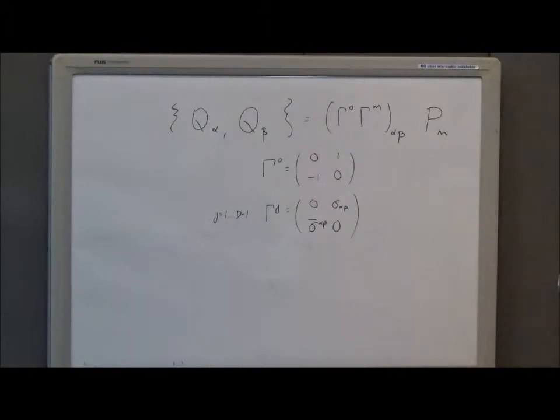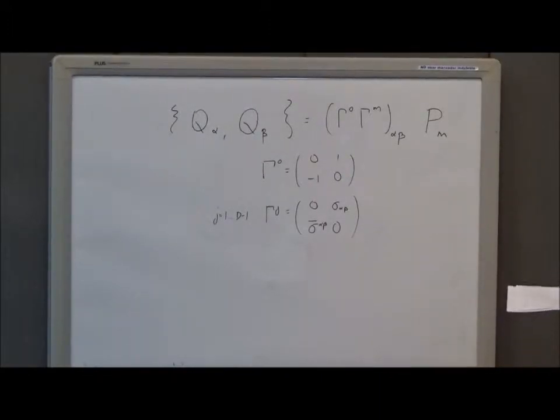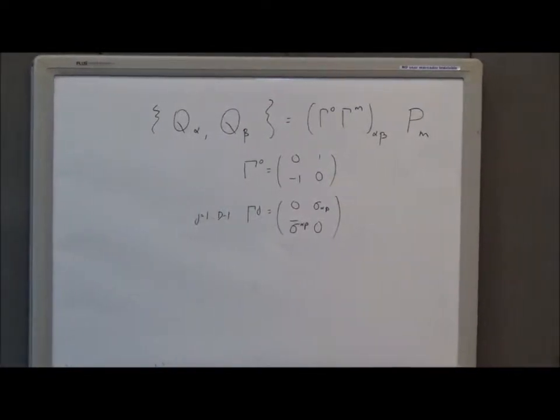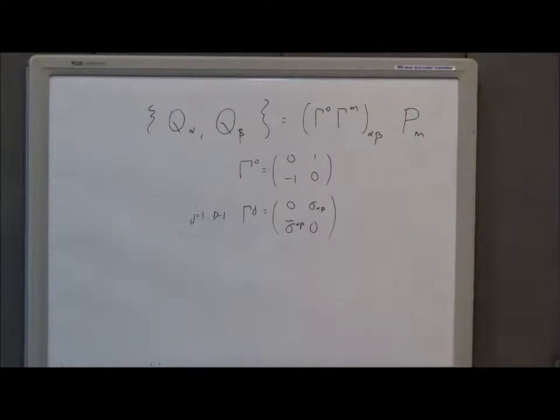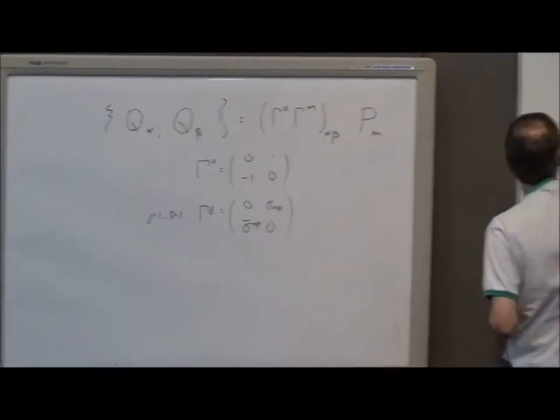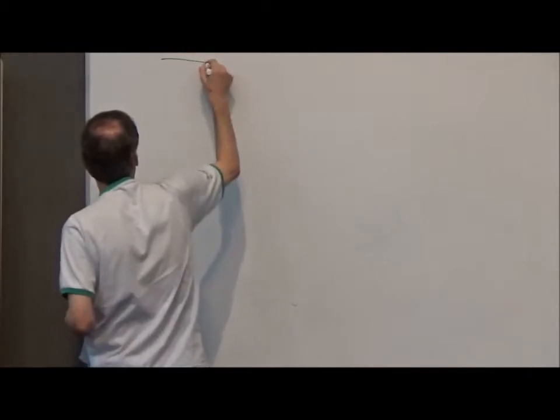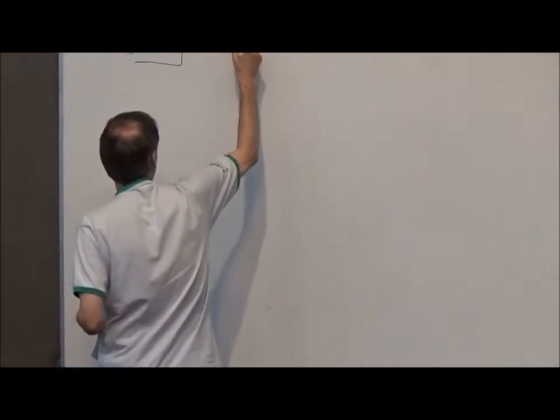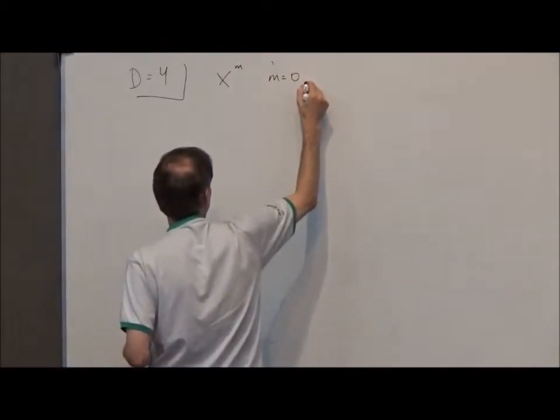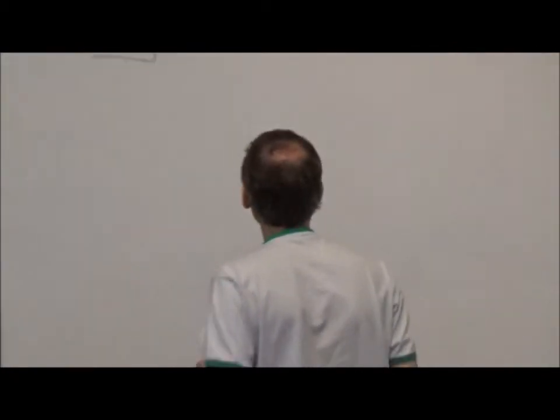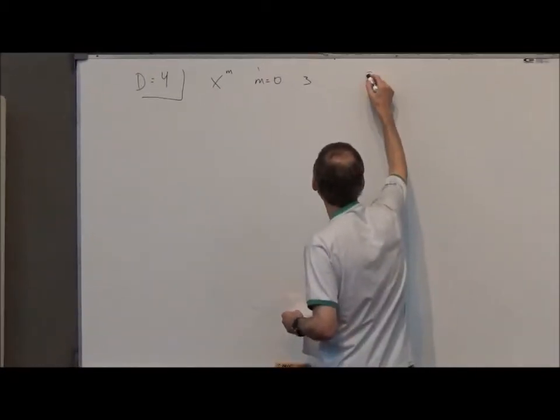Okay, so we're going to start by doing d equals 4, which is, of course, relevant for the standard model if you want to supersymmetrize it. So we have x^m and Pauli matrices.